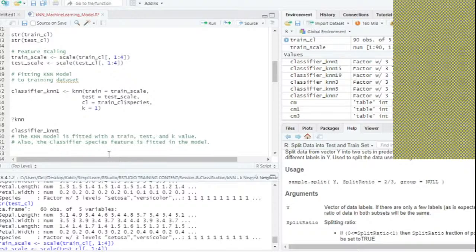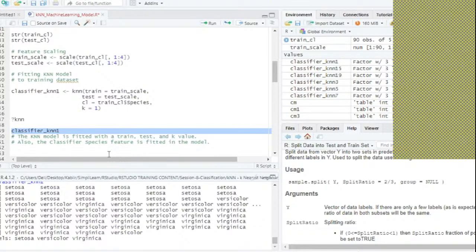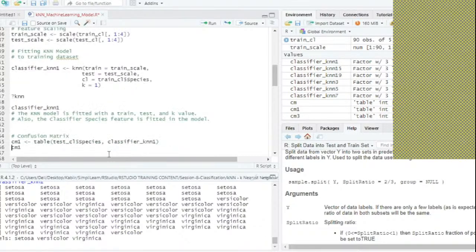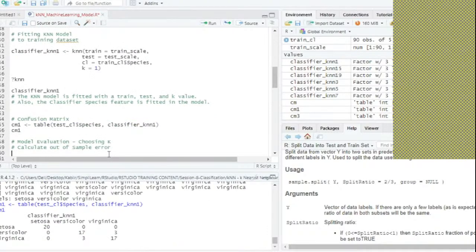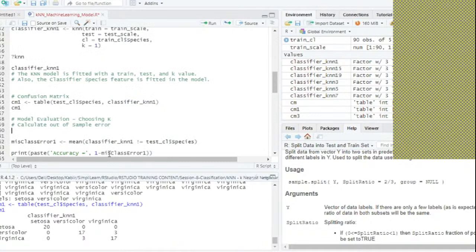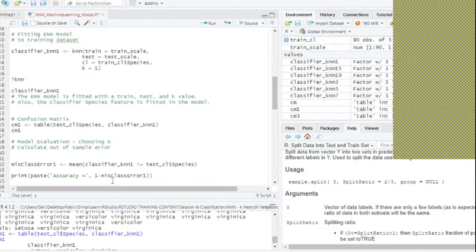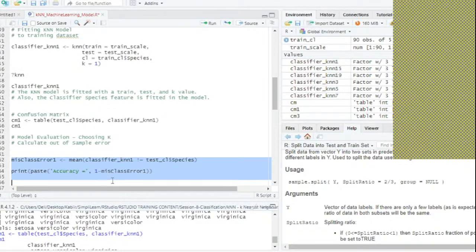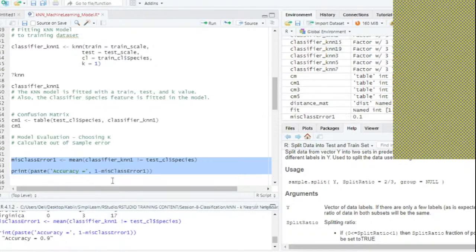So when I run a KNN at k equal to 1, I create a confusion matrix. So I get an accuracy. Are all of you getting a similar accuracy?